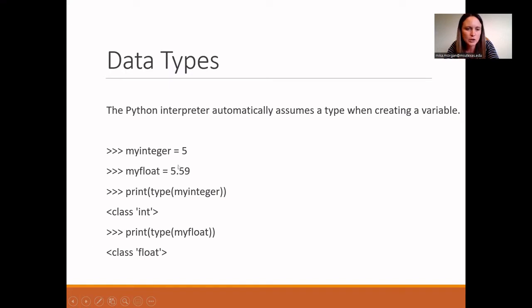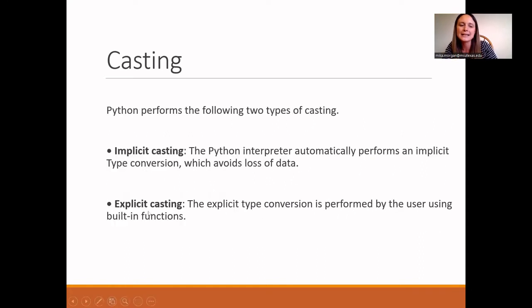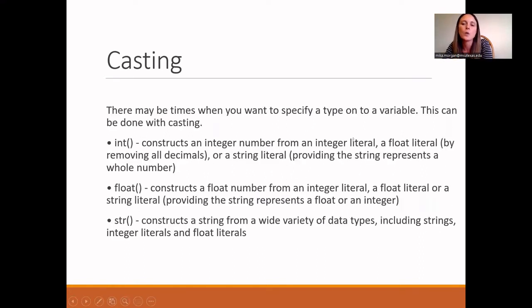We've talked about how you can find the type of different variables, and we've talked about how you can print them out to see what the type is. And then our big thing that's going to mess some people up when you write your programming assignment today is that sometimes you need to specify a specific data type that might be different than what the computer automatically assumed.